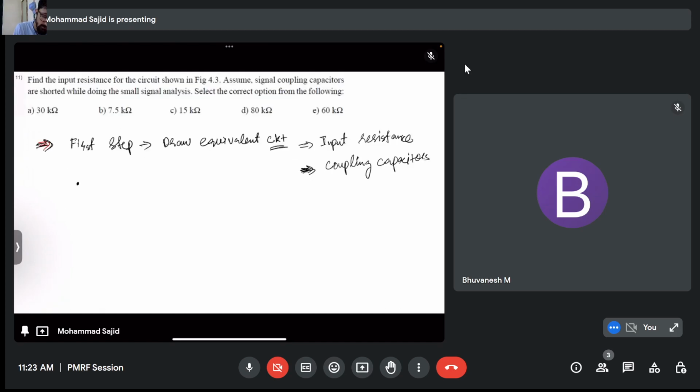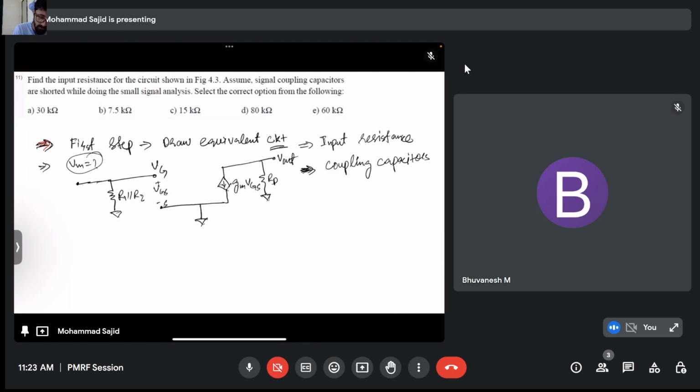We short the capacitor obviously. This is S. So this is VGS, right? I have not written Vin.